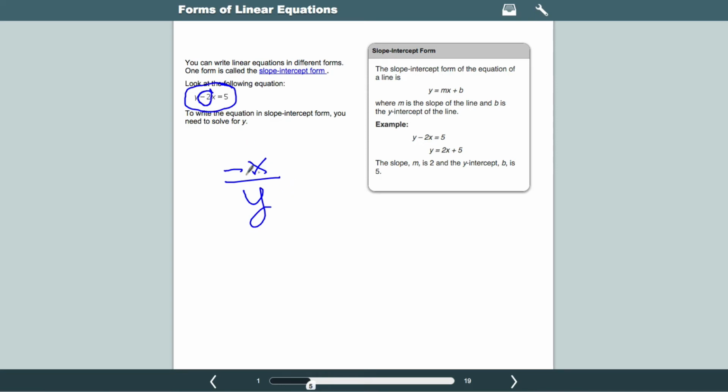That number right there. So what's negative negative 2? That would be positive 2 over, and what is y? y is 1. What is 2 divided by 1? 2. And we see that our slope matches that. Okay, so we can get the slope and the y-intercept using just observations.